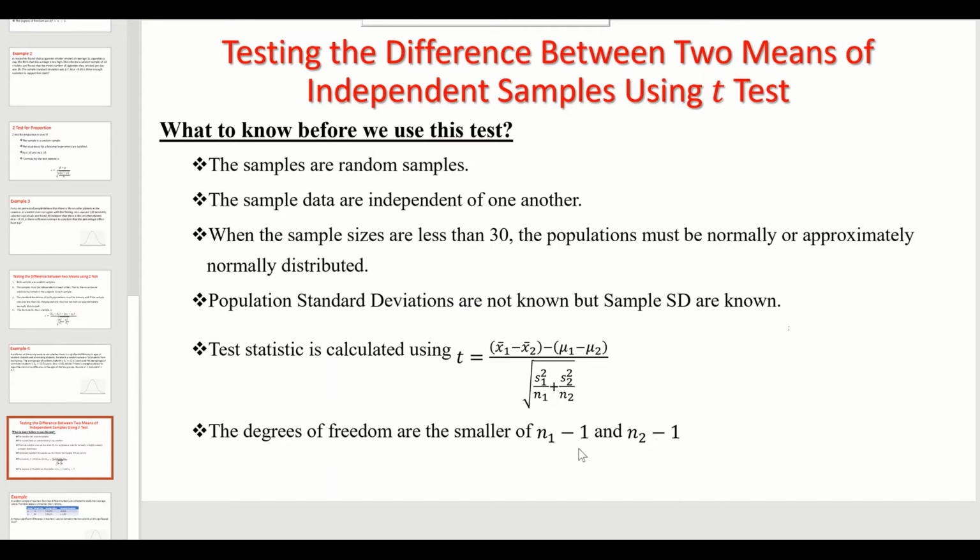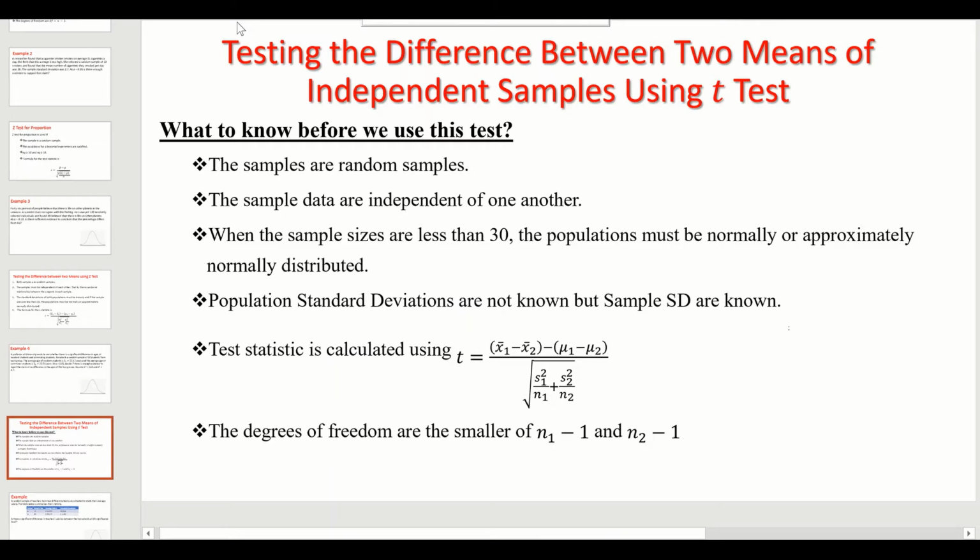The smaller of n sub 1 minus 1 and n sub 2 minus 1 is considered as the degree of freedom. Okay, so that is the basic thing that we must know in order to perform the hypothesis test for difference between two means of independent samples using the t-test.